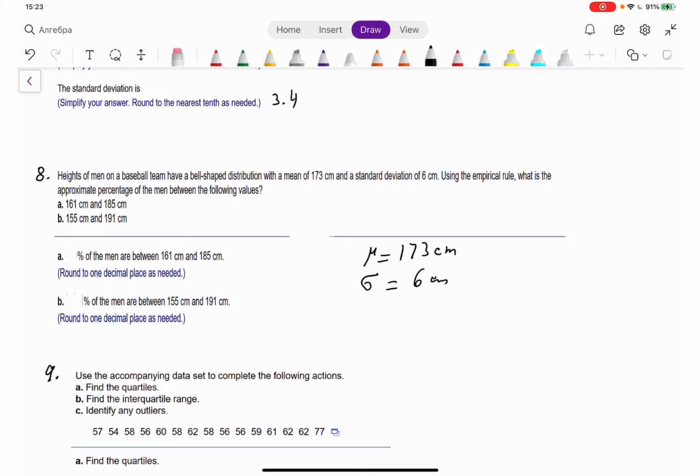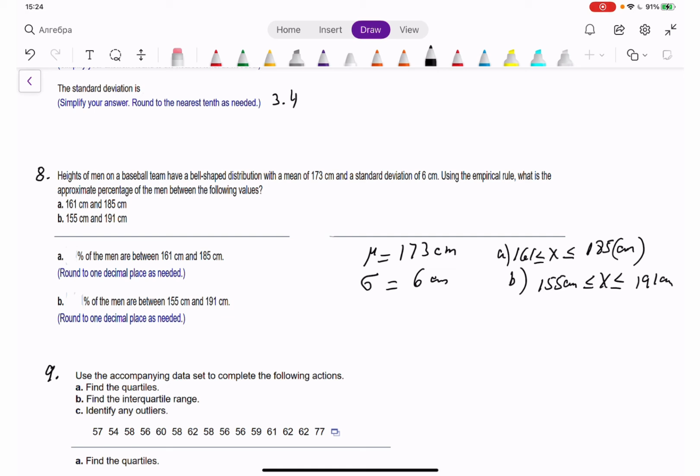For A, x is greater than or equal to 161, less than or equal to 185 centimeters. And for B, it's 155 centimeters less than or equal to x, less than or equal to 191 centimeters.